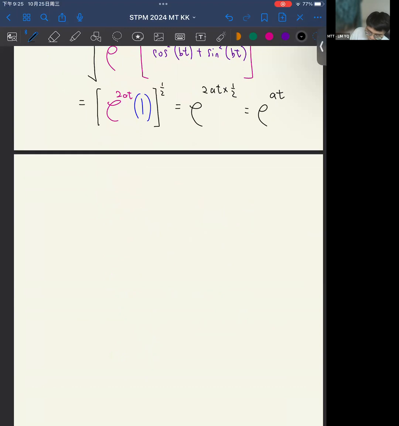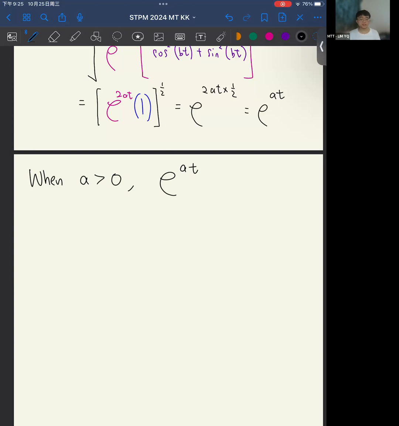When a is greater than 0, what do you see for this? t is something changing, meaning it's a variable. Variable means you can look at it as a function, e to the power of x, an exponential function.